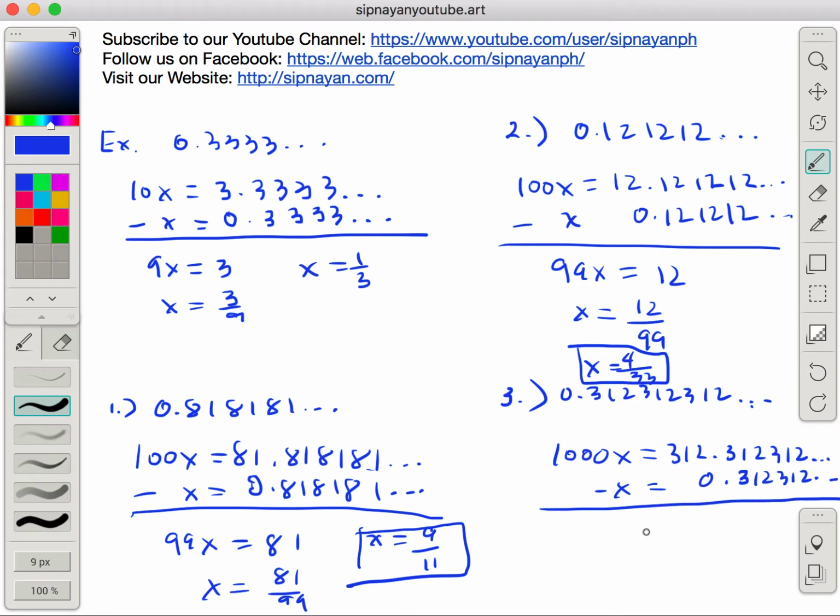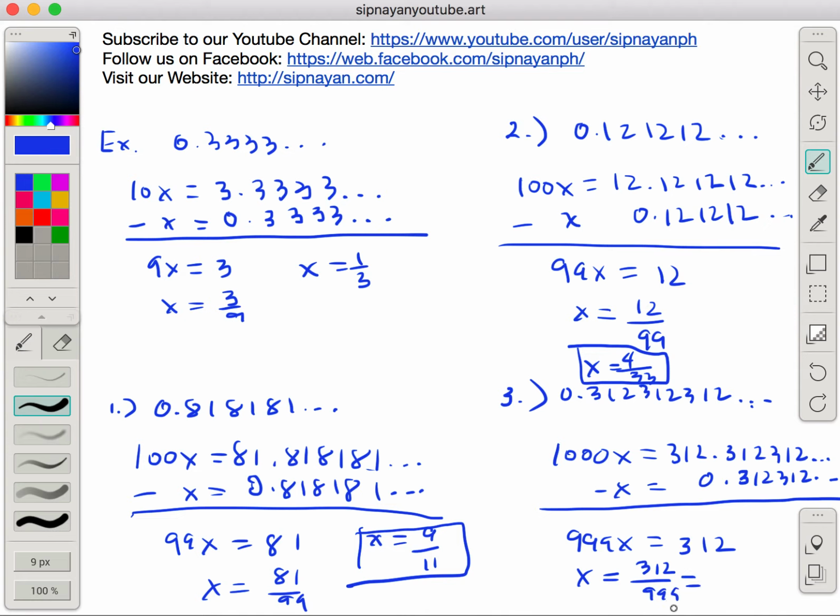Okay, and we have 999x equals 312, since the repeating parts cancel because they line up. Which means that x is equal to 312 over 999.